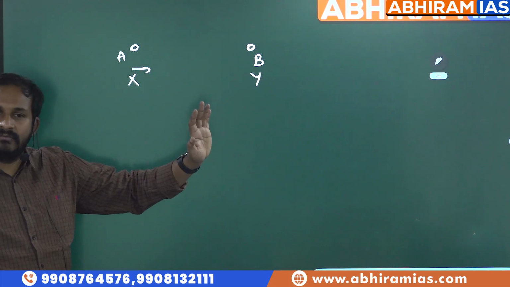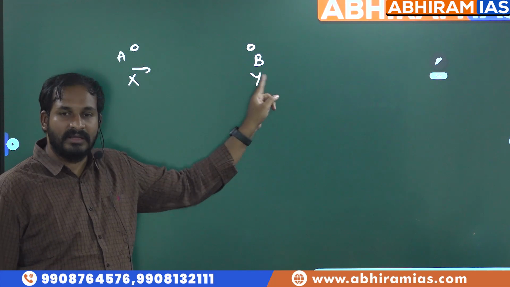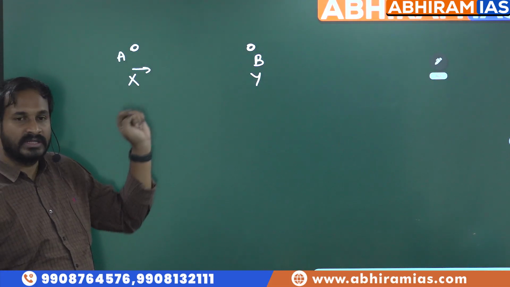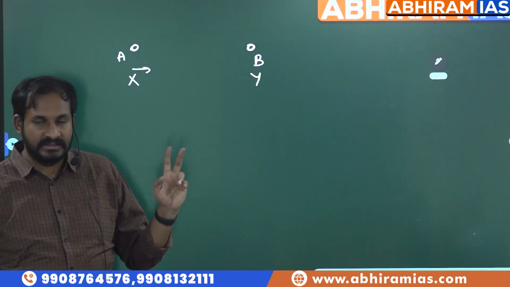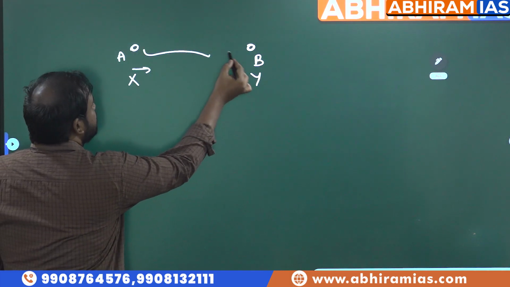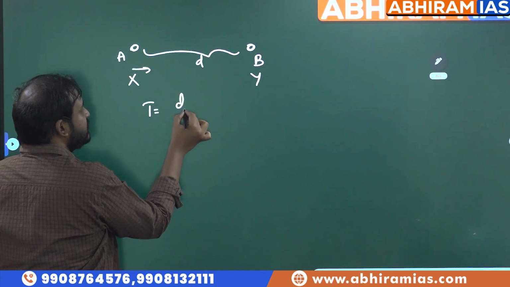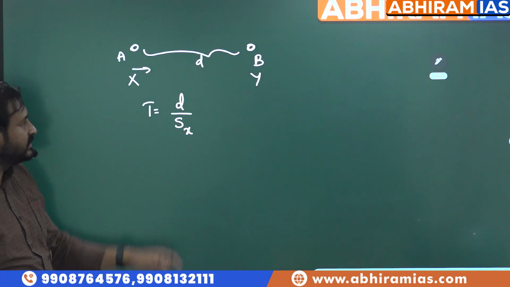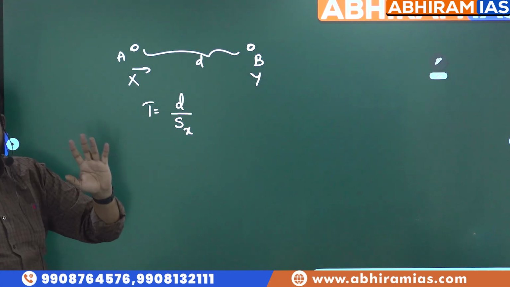Now in what time will X meet Y? Time formula is distance by speed. So here distance is some d. So time taken will become distance by speed of x. Why? Because x is the only moving person here.